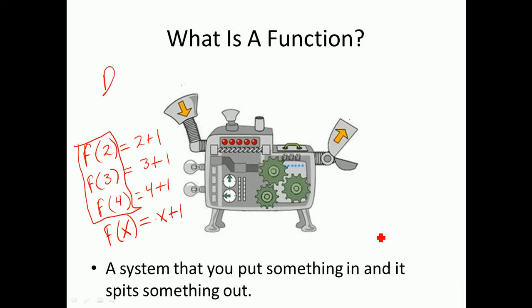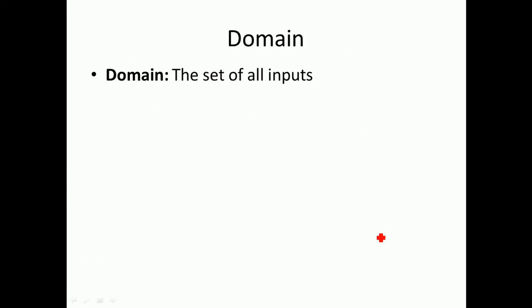So basically what that means is that our domain, in this case right here, is 2, 3, 4. Those are the things we put inside of our function. This is just the rule. That's not necessarily part of our domain. That's any number x that I put inside of it. But in this case, I just use 2, 3, and 4. So that's my domain.